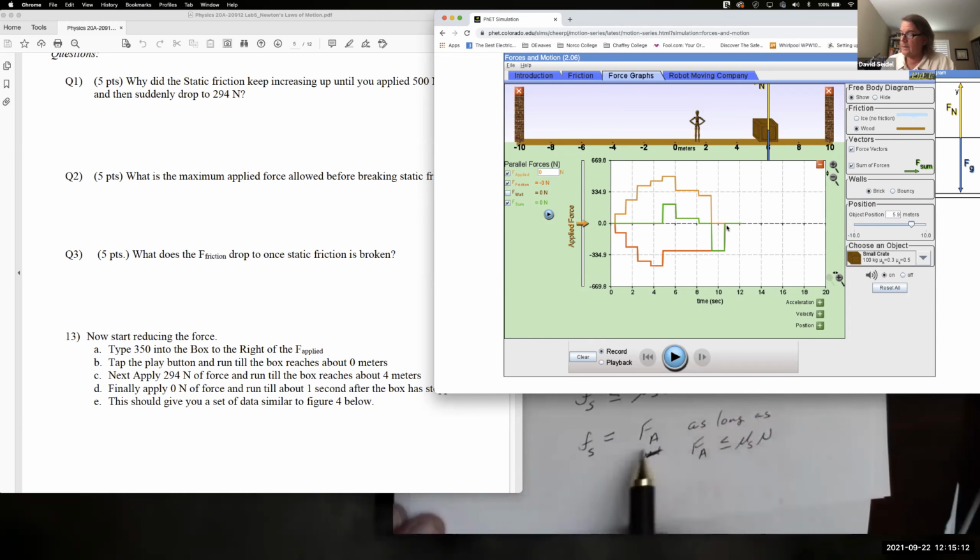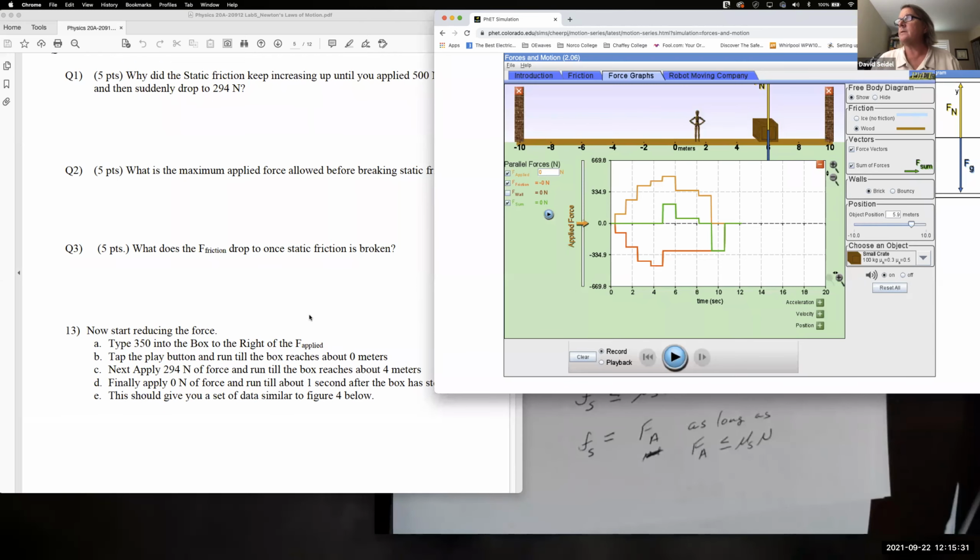This is F applied, not F net, because F net has Fs in it as well. So it's F applied as long as F applied is less than mu sub s n. Once F applied goes above mu sub s n, the object starts moving and we're in a regime of kinetic friction. Very important to remember this.